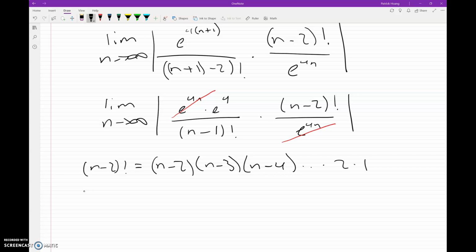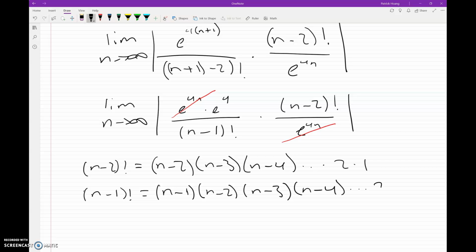So even though it's written weird, it's the same process. For n minus 1 factorial or n minus 2 factorial, we start with the number itself, so n minus 1, and we multiply it by each subsequent number 1 less than it. So n minus 2, n minus 3, n minus 4, all the way down until you hit 2 times 1.